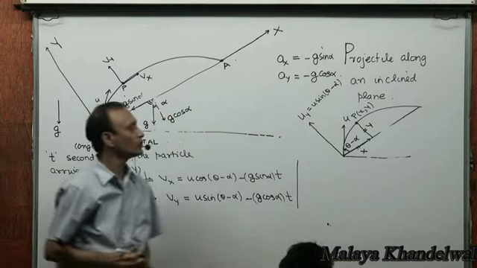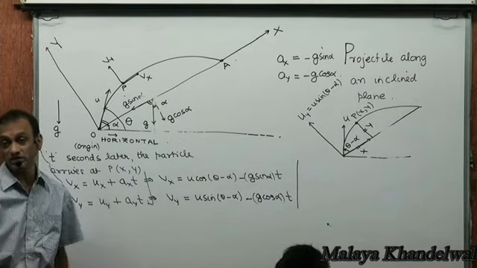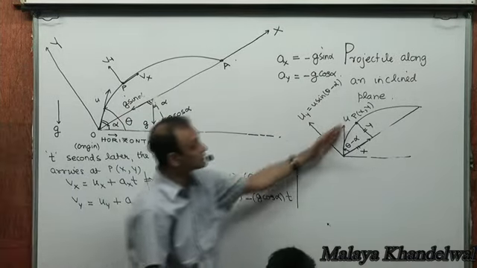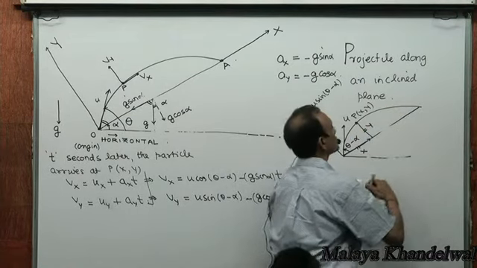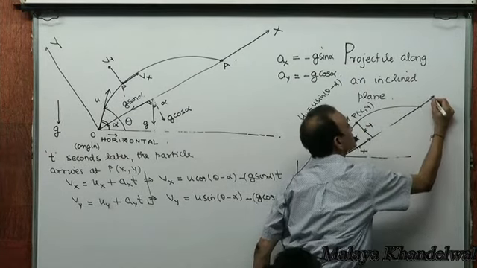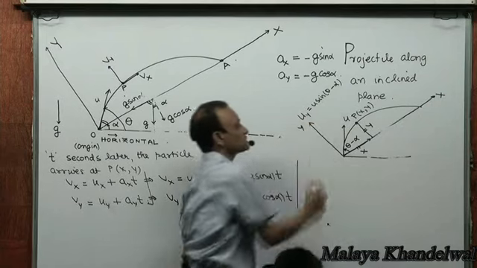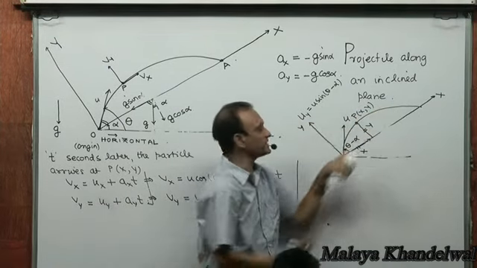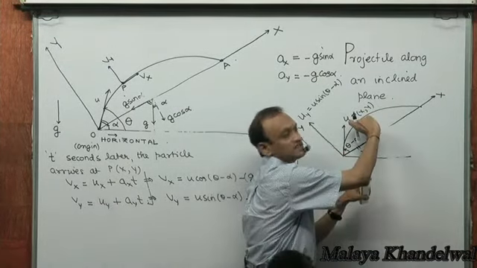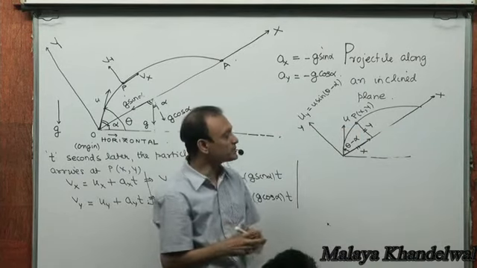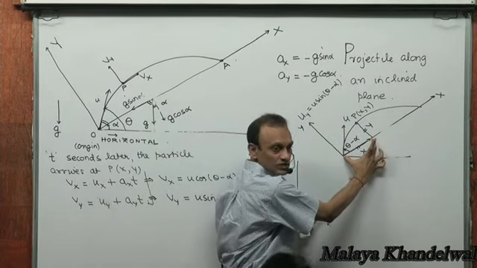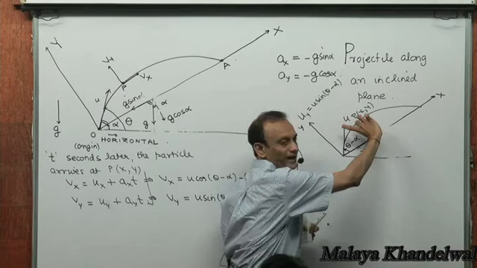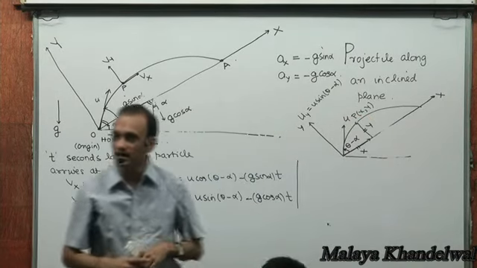Y. Yes or no? When the particle reaches a point p, x comma y, t seconds later, this is my x-axis and this is my y-axis. On reaching the point p, coordinates x comma y, this is x and this is y. So what's the displacement parallel to the x-axis? X units. What's the displacement parallel to the y-axis? Y units. Yes or no?